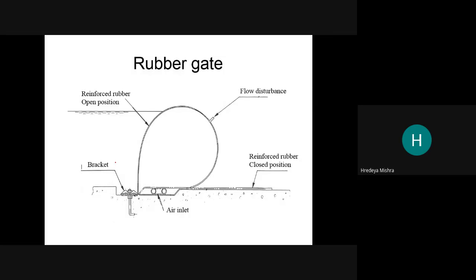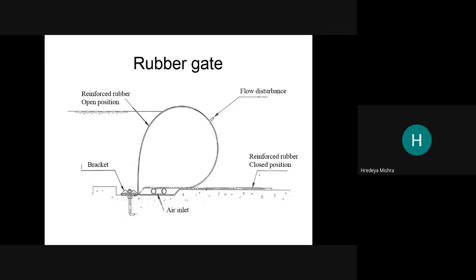Now see the rubber gate. Reinforced rubber is here, flow distribution here, reinforced rubber closes the piston, and the air inlet is here.